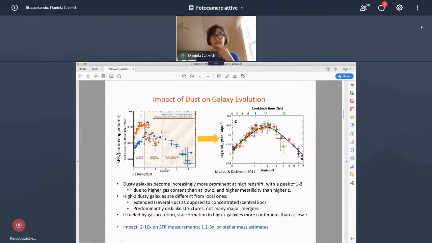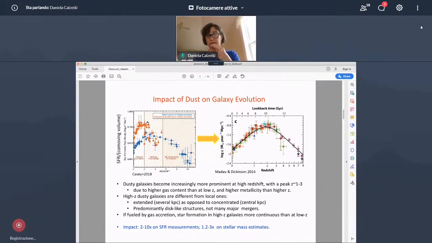So it's UV light absorbed by dust and re-emitted in the infrared. And you can already see that between redshift 1 and 2, there is a peak in the infrared, and it's actually 3 to 5 times higher than the extreme ultraviolet.